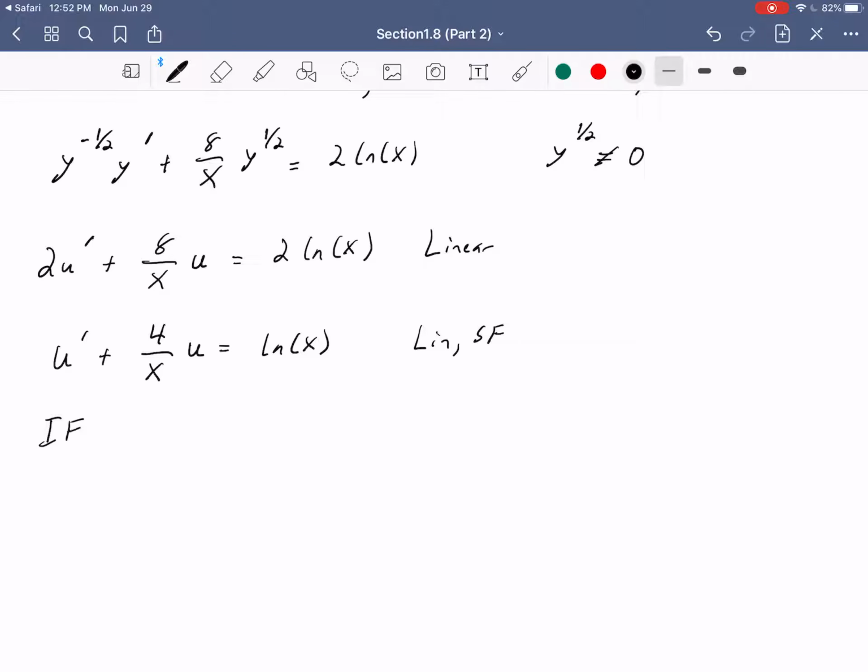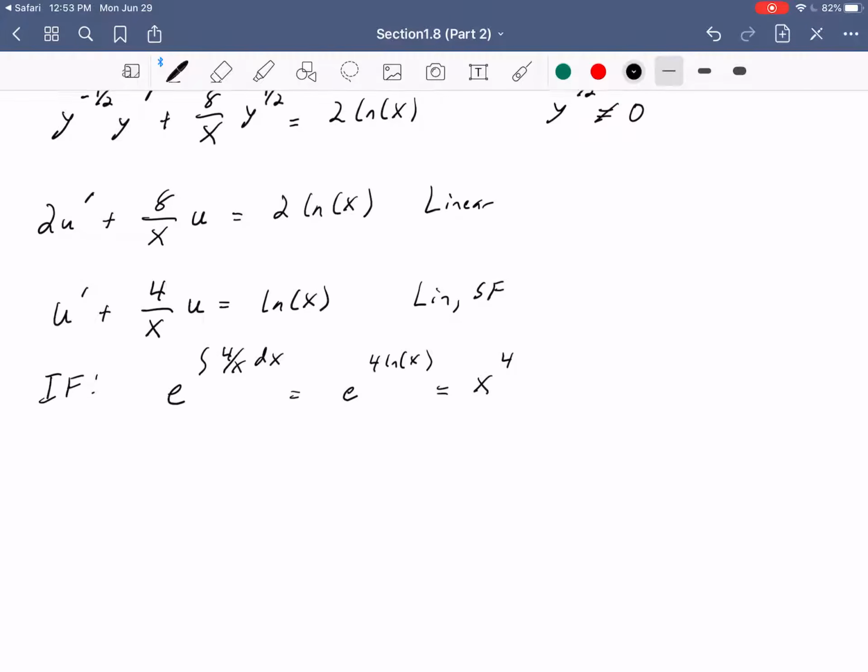So we can go ahead and come up with our integrating factor, which is e to the integral 4 over x dx, which is e to the 4 ln x. Again, trick: put the 4 in there, x to the 4th, cancel out the ln. There's our integrating factor, x to the 4th. Let's multiply everything by that. We get x to the 4th u prime plus 4x cubed u equals x to the 4th ln x.